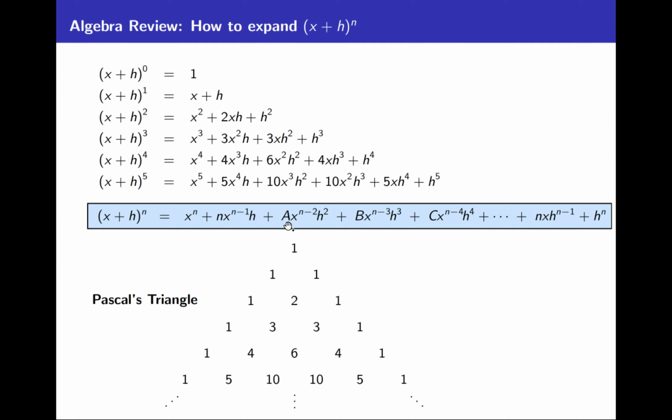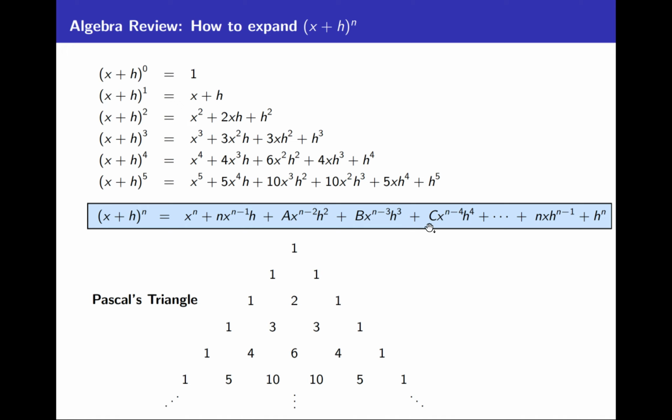Now the next term, it's got some coefficient, 3, 6, 10. Let's just call that coefficient a. It's a constant. It's multiplied by x to the power of n minus 2, 1 less than we had here, then times h squared. So the power of h goes up from the previous term. Then we have a coefficient b times x to the power of n minus 3 times h cubed.